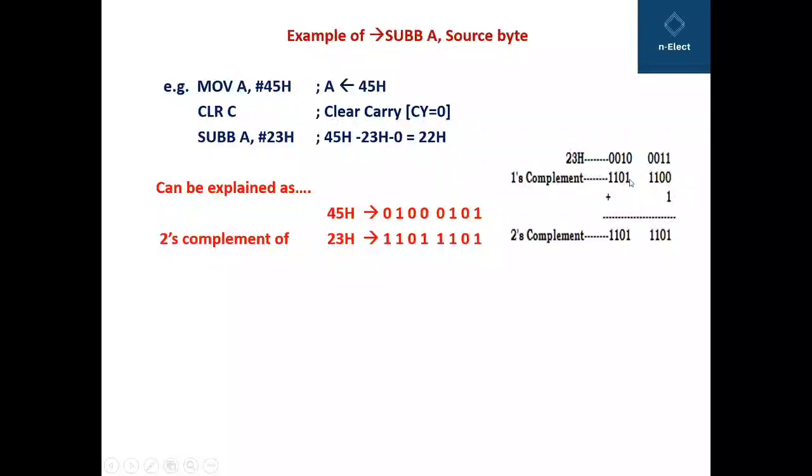So we have obtained the 1's complement of 23H. Now this 1's complement plus 1 gives the 2's complement, and this is that number. When we add them, we get this result, and the carry bit will be equal to 1.